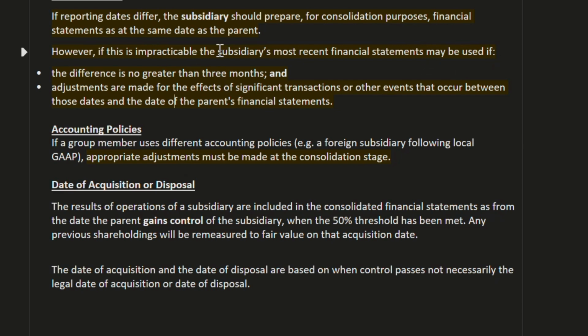But the difference must not be greater than 3 months, and adjustments are made for significant transactions or other events that occur between those dates and the date of the parent's financial statements. For example, in this 3 month period, if there is any significant transaction, we need to consider it in the consolidation.